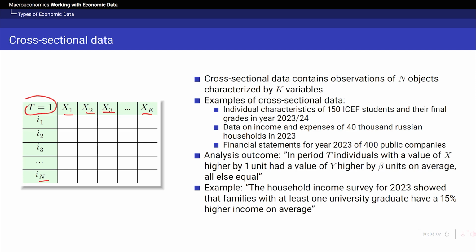An example of this would be a study based on the Household Income Survey conducted in 2023. Using cross-sectional data on income and personal characteristics of different individuals, we could conclude that, ceteris paribus, income tends to be 15% higher for households where there is at least one university graduate. The ceteris paribus condition in interpretation, which means all else equal, is the key term. Without it, the interpretation becomes incorrect.